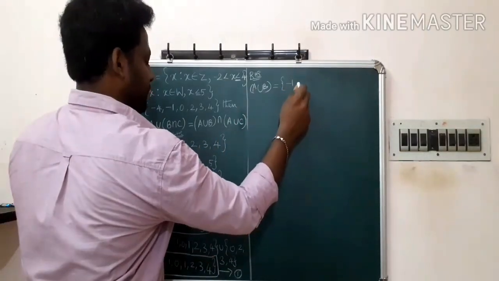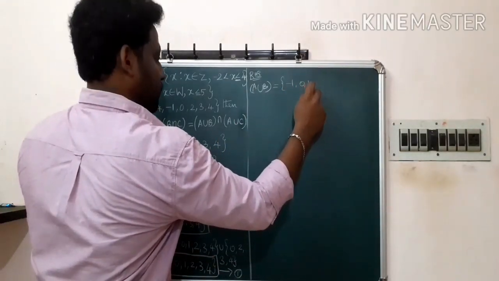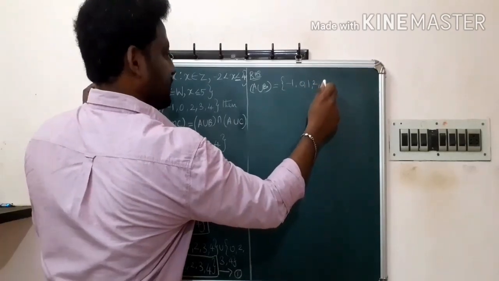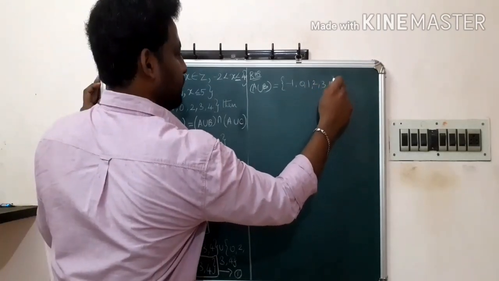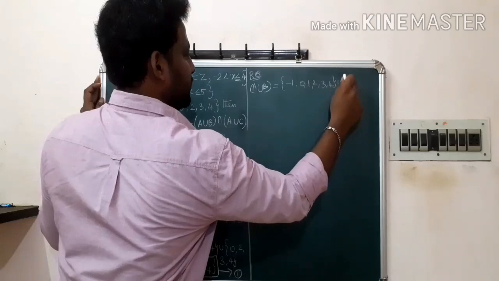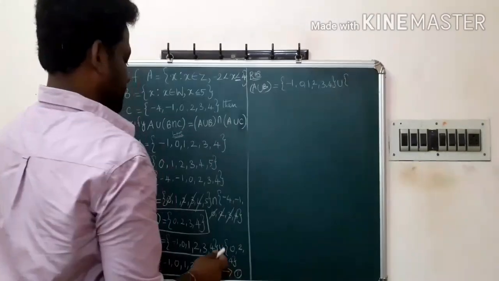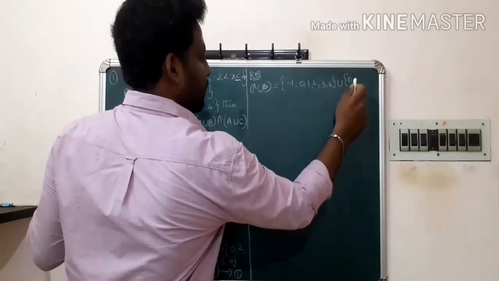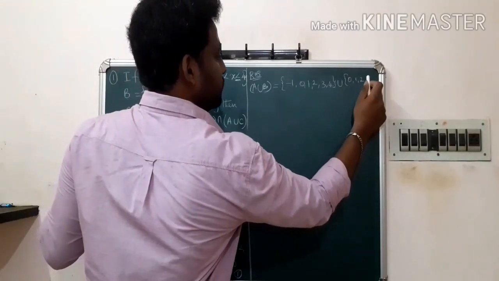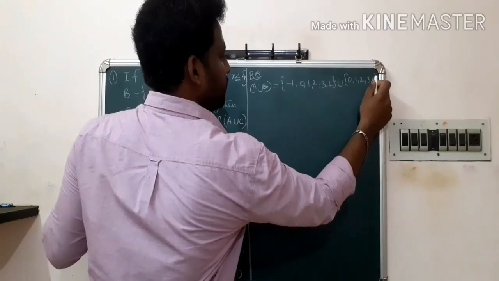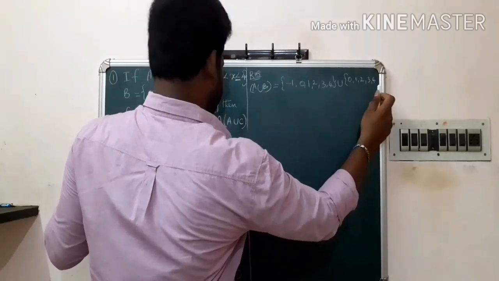Minus 1, 0, 1, 2, 3 and 4. Take the union, and set B is 0, 1, 2, 3, 4 and 5.